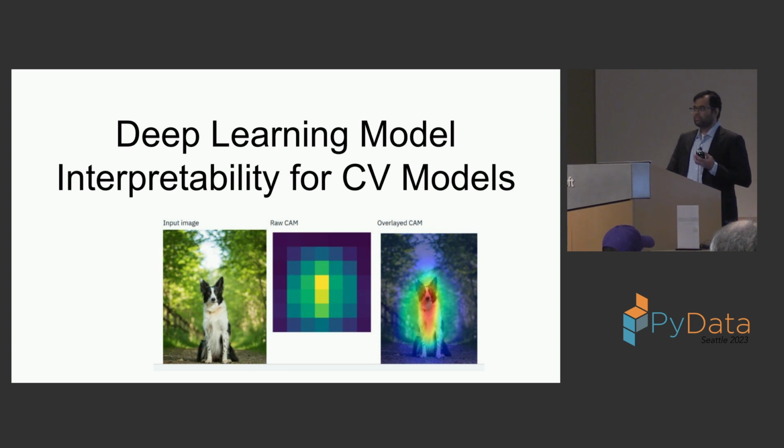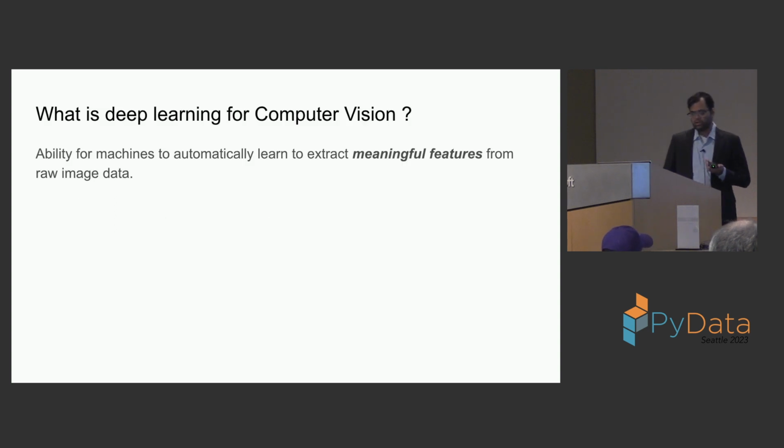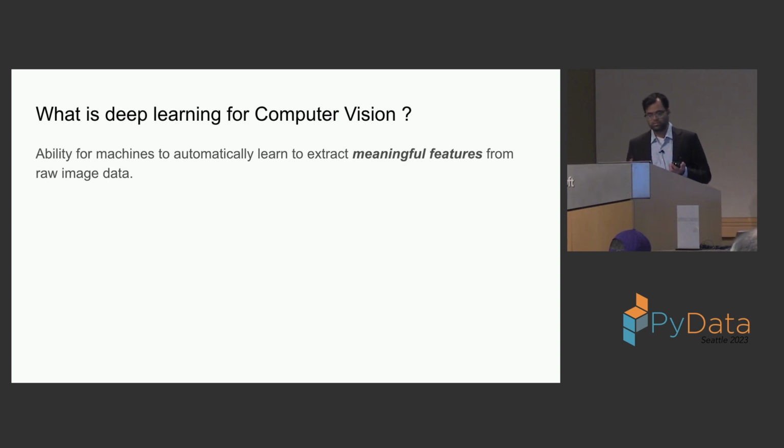How many of you are familiar with deep learning here? Okay. For those who are not, what is deep learning, specifically for computer vision? It is the ability for machines to automatically learn to extract meaningful features from raw image data. Meaningful features meaning what is unique about an image, right?